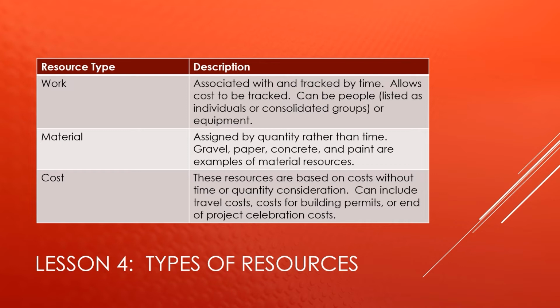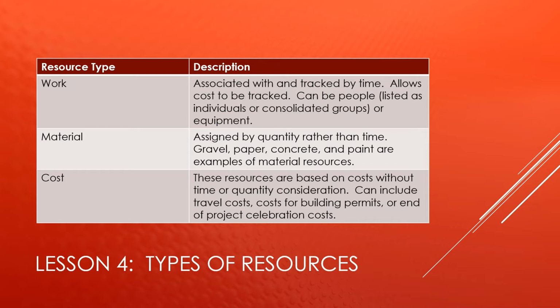And then you have a cost resource type. These are based on cost without time or quantity consideration. These can include travel costs, costs for building permits, or end of project celebration costs. Let's say you had a lot of travel on your project.